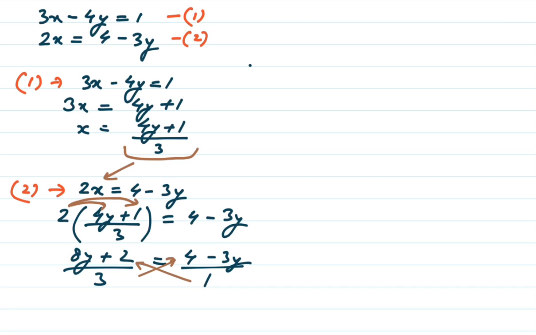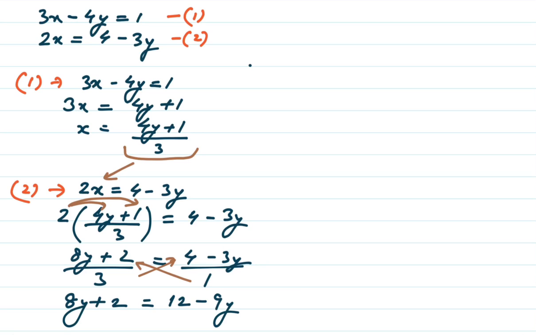So 1 multiplied with 8y plus 2 gives me 8y plus 2, equals 3 multiplied with 4 is 12, and 3 multiplied with negative 3y give me negative 9y.